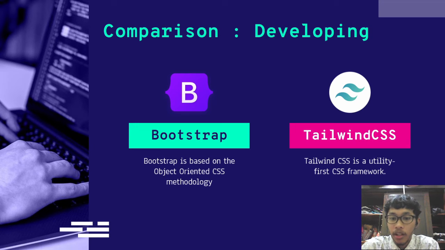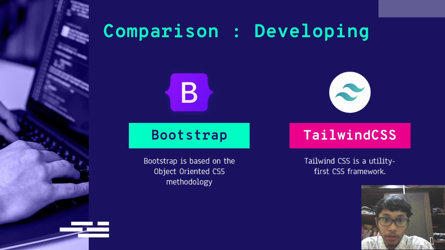For example, if you had 10 buttons in your application, you would have 10 different classes for those buttons. With object-oriented CSS, you would instead have a lot more classes for the sizing and style of the button. This would ensure more modularity, and you would not have to create a new class for a button which needs to be smaller only.